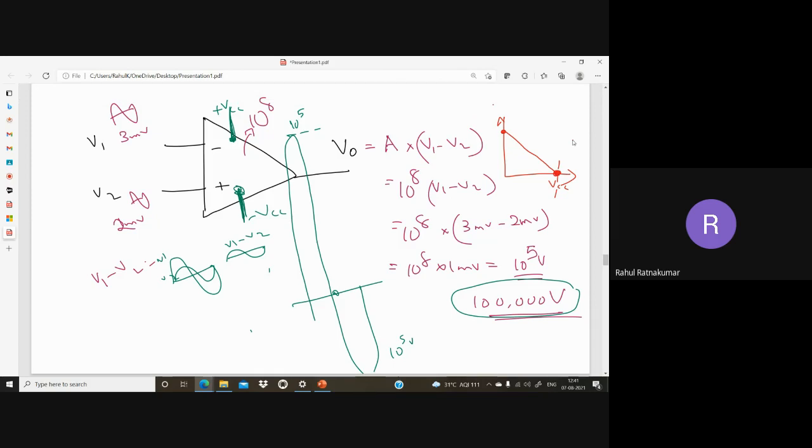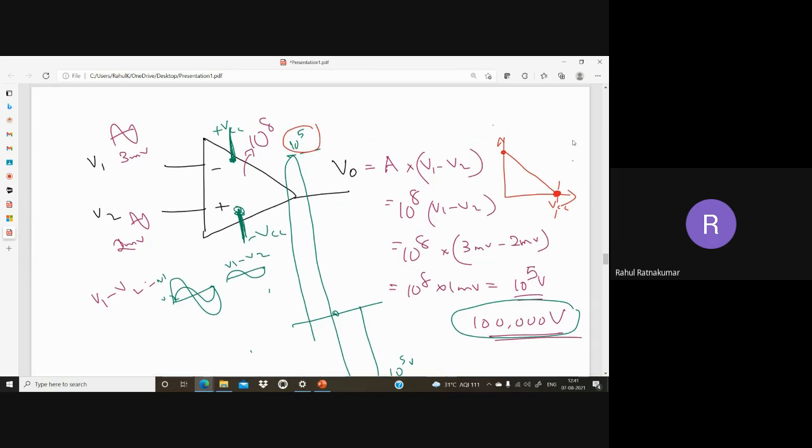So this 10 raised to 5 volt is not possible, because the circuit is always limited by my VCC and minus VCC. So what happened? This will be cut like this. This is VCC, so we cannot show in the output more than this voltage. This is plus 12, and we cannot show a waveform beyond minus VCC, this is minus 12.